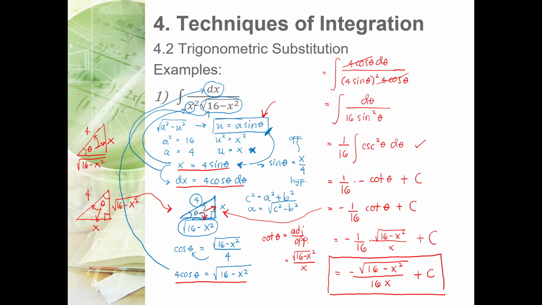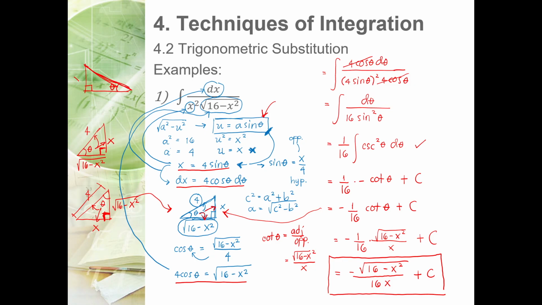Always take note that the hypotenuse is always opposite the right angle. Right angle here, the opposite of the right angle is the hypotenuse. Same goes here. Even if I draw it in another orientation, and let's say this one is my theta, this is my hypotenuse.